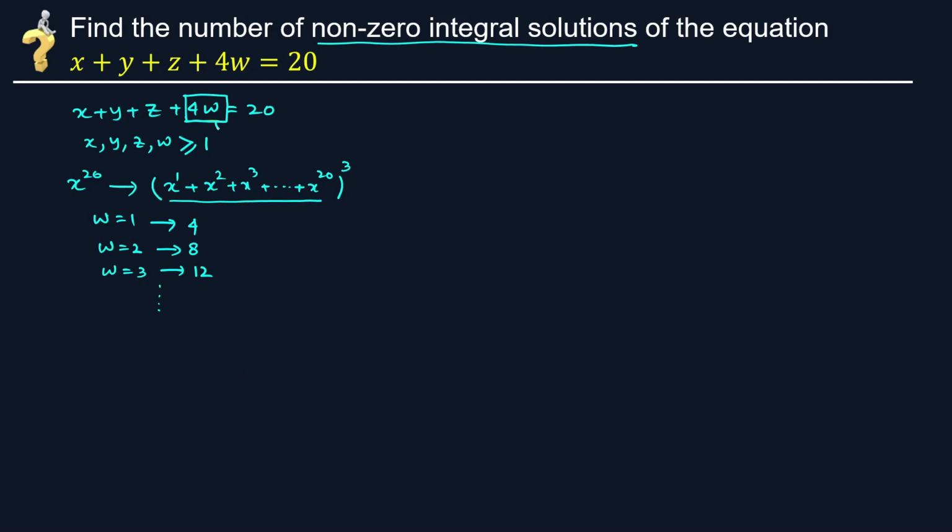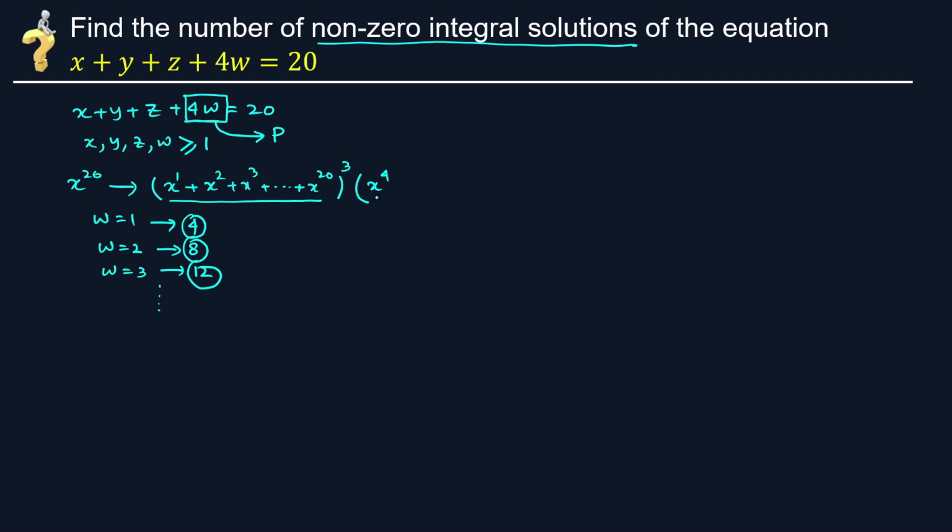Let me denote this by, let us say, P. So the person P can either receive 4 objects or 8 objects or 12 objects, and this thing goes on. So for P, we must start with x to the power 4. Why x to the power 4?